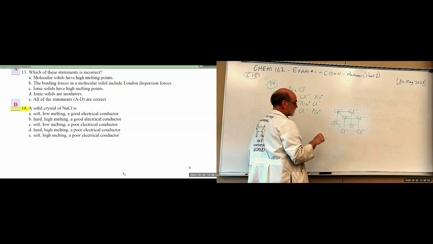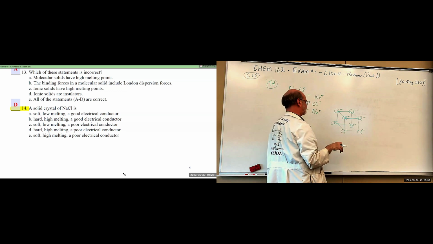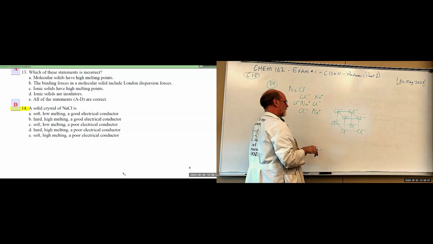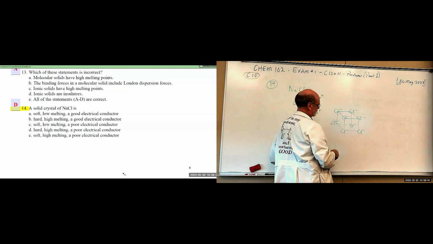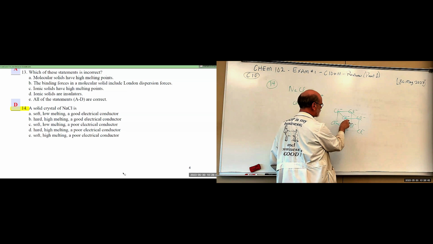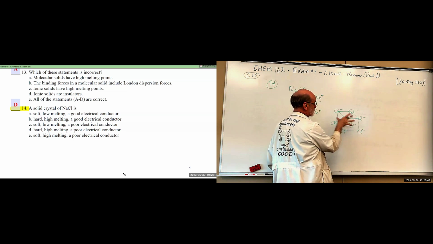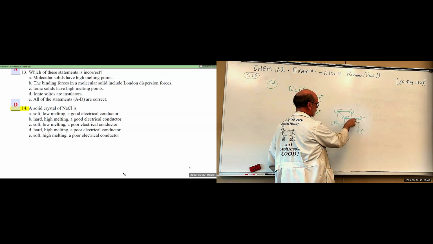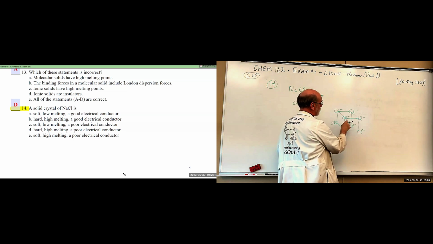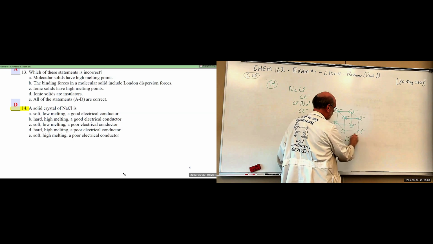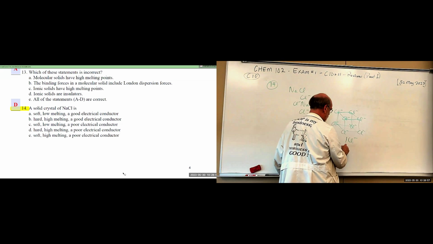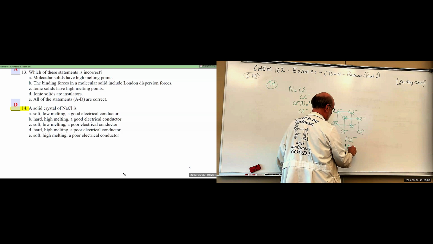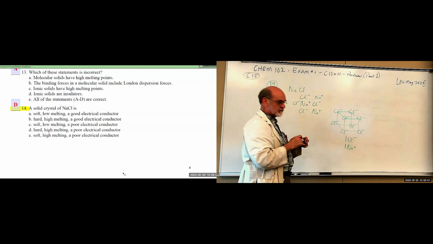And then the sodiums would fit in the voids. We couldn't put just one sodium here, that wouldn't be enough for the charge balance. We need 1, 2, 3, 4, 5, 6, 7. Actually, there's one chloride for each of these unit cells, so the voids would have to have one sodium for each of the unit cells.